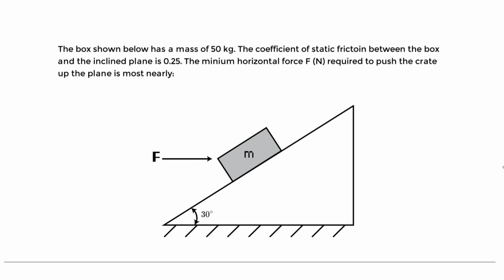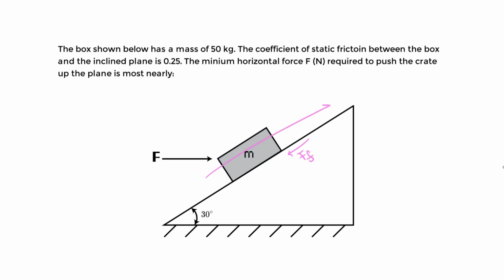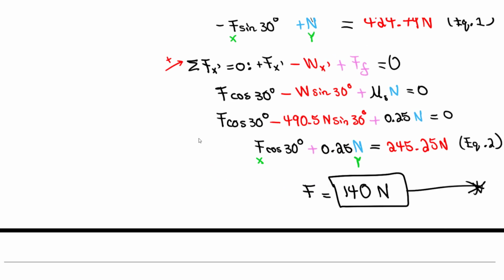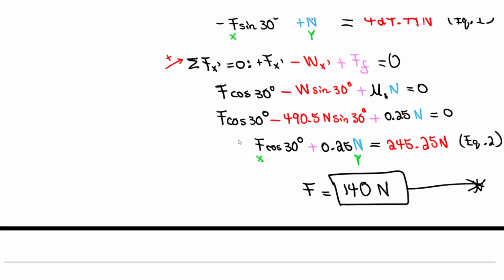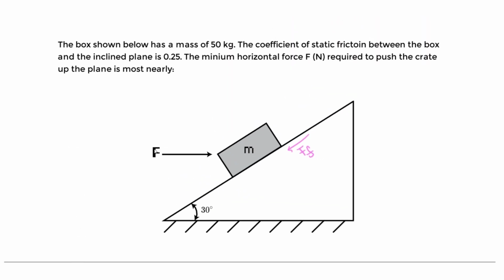The only thing that changes is the frictional force is going to be acting this way, right? Because it resists motion. The box is trying to go up. The frictional force will go down, and all you do is apply the same steps. You just change this and solve for that force.